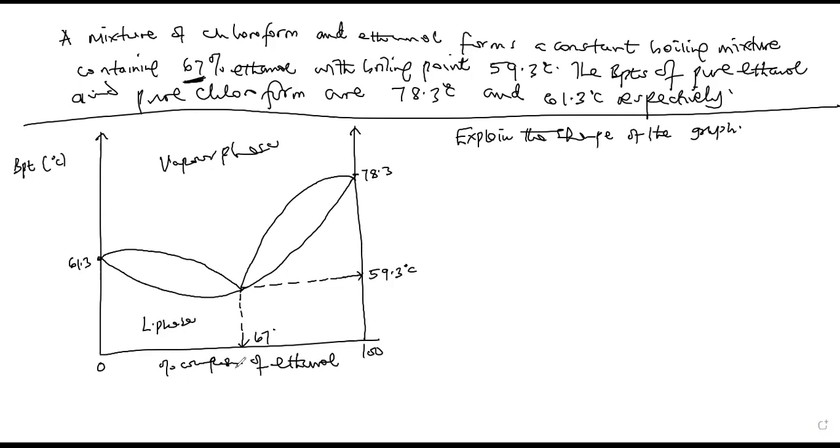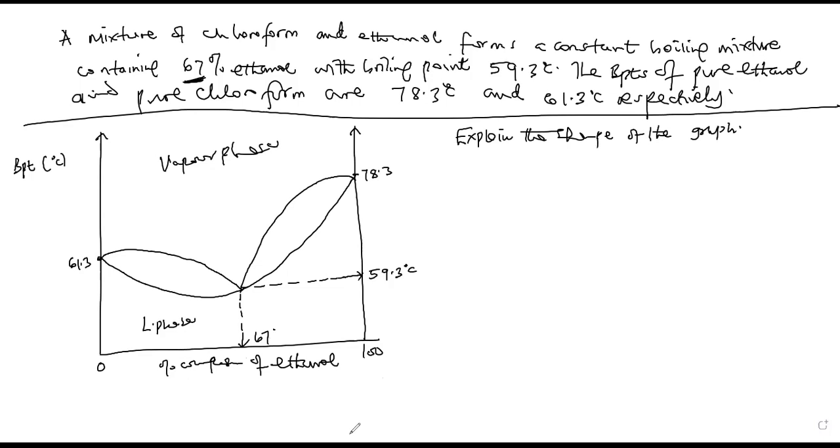Because the forces of attraction between ethanol molecules and trichloromethane molecules are weaker than the forces of attraction between individual ethanol molecules and those of trichloromethane. This increases the tendency of molecules to escape from the solution to vapor phase.